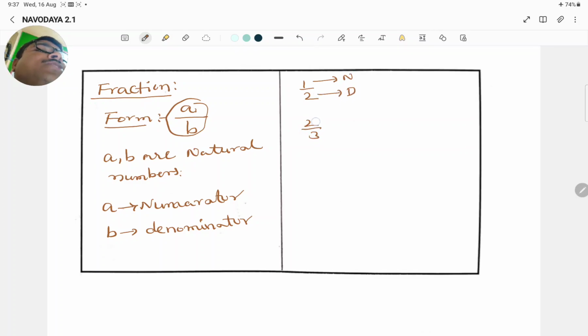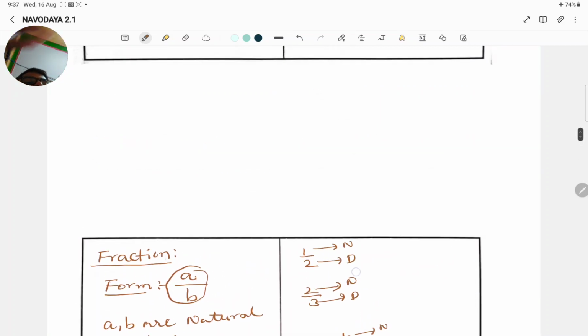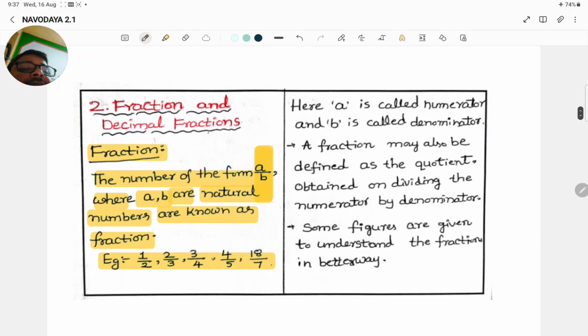In 2 divided by 3, the numerator is 2 and the denominator is 3. In 10 divided by 3, 10 is the numerator and 3 is the denominator. A is called the numerator and b is called the denominator.